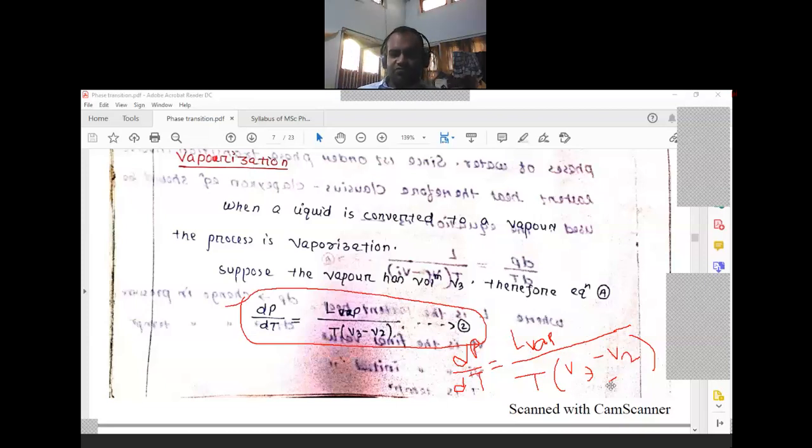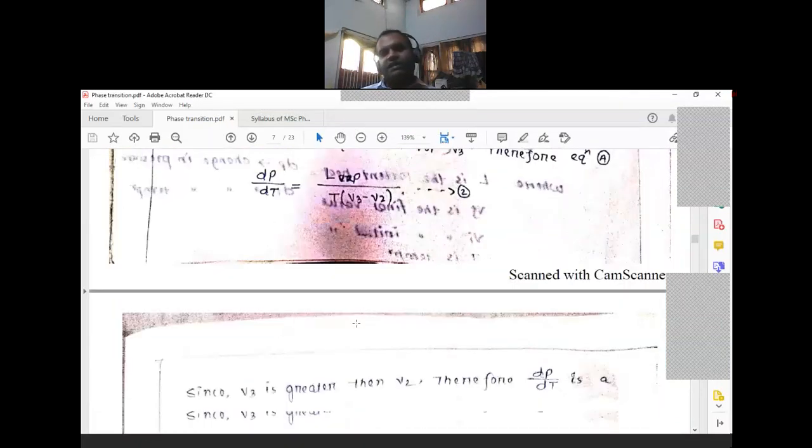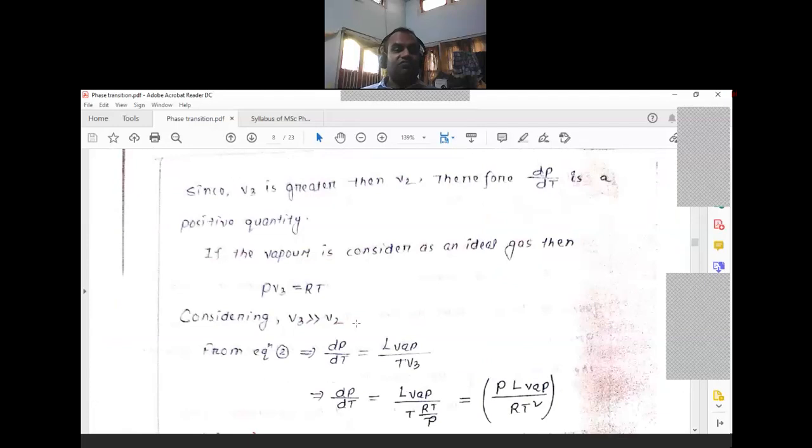This is the Clausius-Clapeyron equation for the vaporization process.